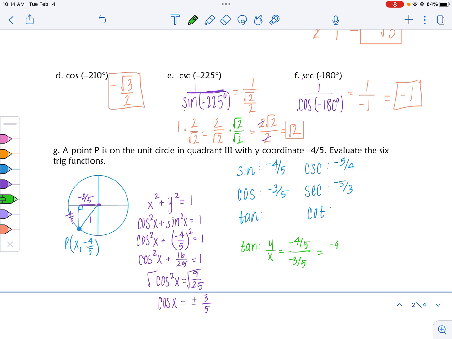Please don't leave fractions in a fraction. So multiply by that reciprocal. Oh, that crosses out pretty nicely. So you would get 4/3. Notice it's positive 4/3. And then positive 3/4 for the cotangent because you divided two negatives.